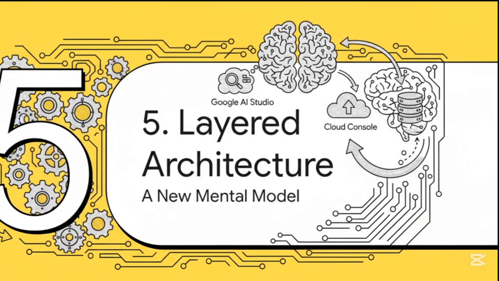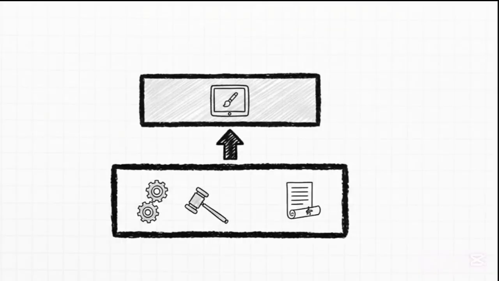So this brings us to what might be the most important part of this whole thing. We really need to stop thinking of these as two separate tools. It's time to adopt a new and, frankly, much more accurate mental model. The right way to see this is as a layered architecture. Simple as that. The Google Cloud Project is the foundation. It's the power, the rules, the governance. And AI Studio is a brilliant, simplified user interface that's built right on top of that foundation, specifically designed to make interacting with the models as easy as possible.